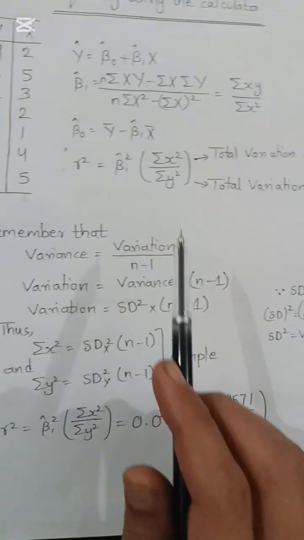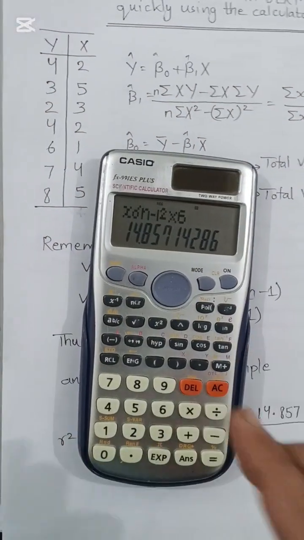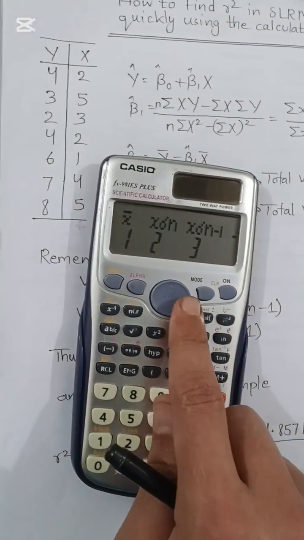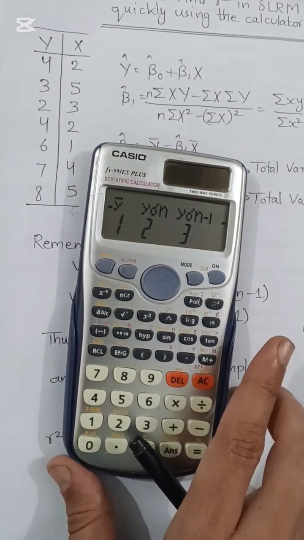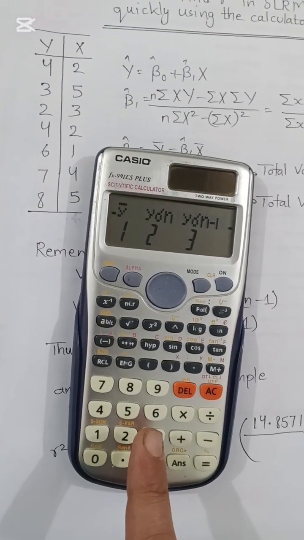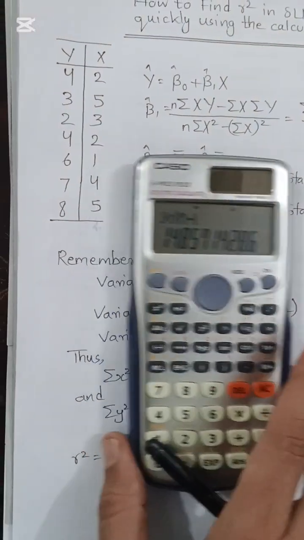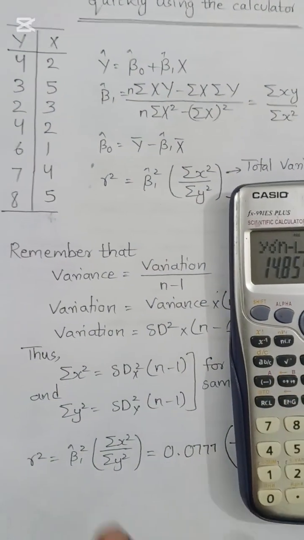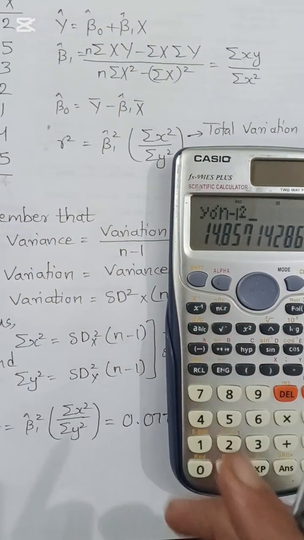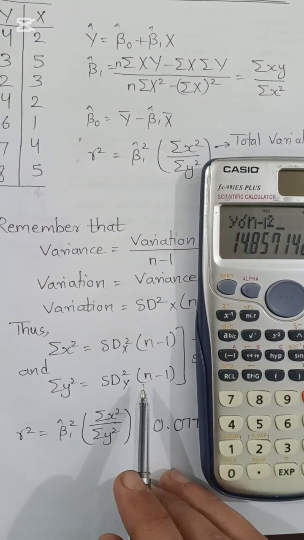Next we need the total variation in y. Do the same for y. Go to shift, then press 2, then go next. Here you can see the option 3 shows the sample standard deviation of y. So press 3. We need its square, so press square, then multiply it with the degrees of freedom n minus 1.